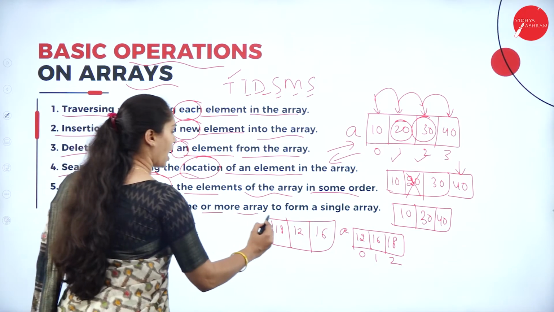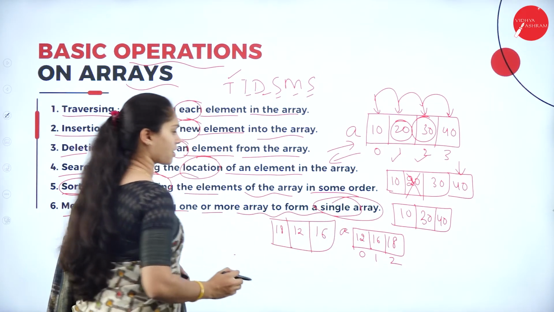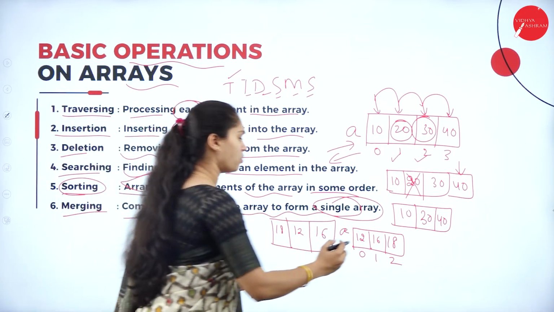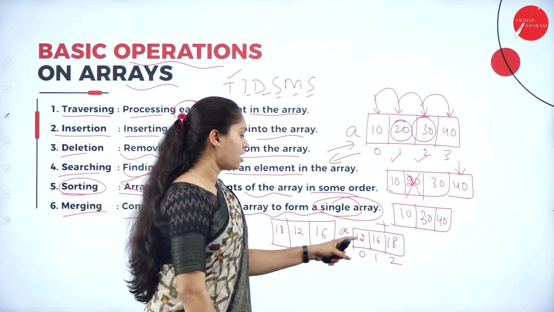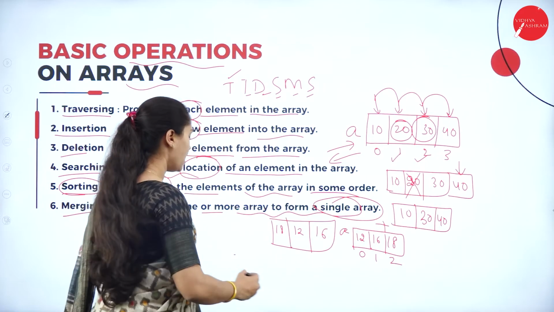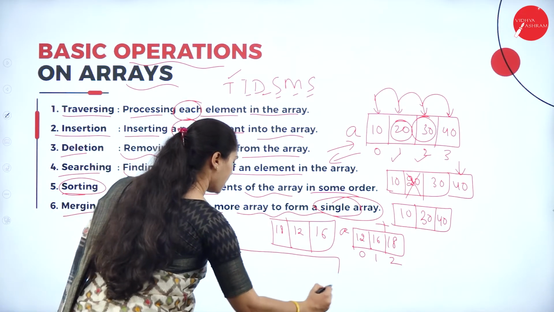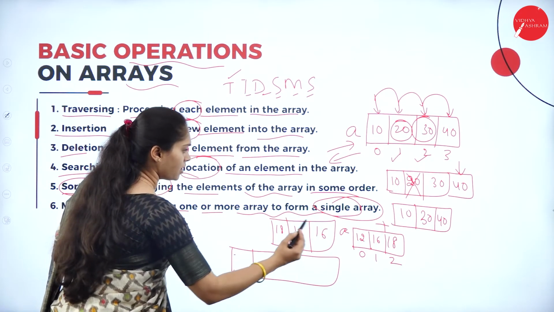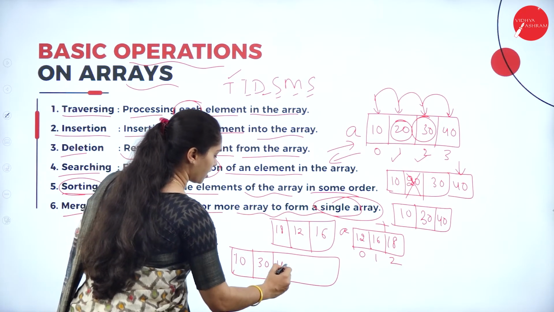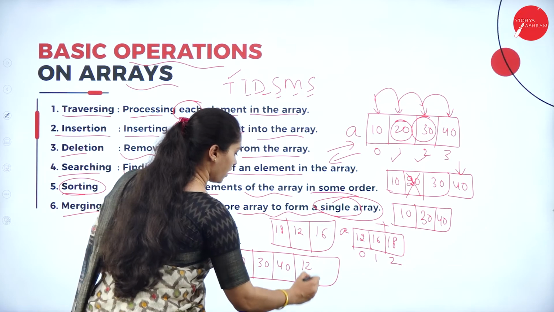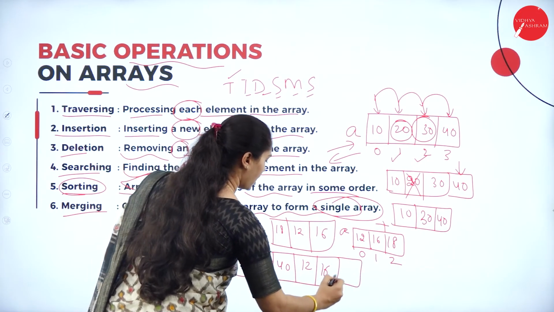Then what is merging here? Combining one or more arrays to form a single array. So here I have 10, 30, 40 as the first array, and the next array will be 12, 16 and 18.